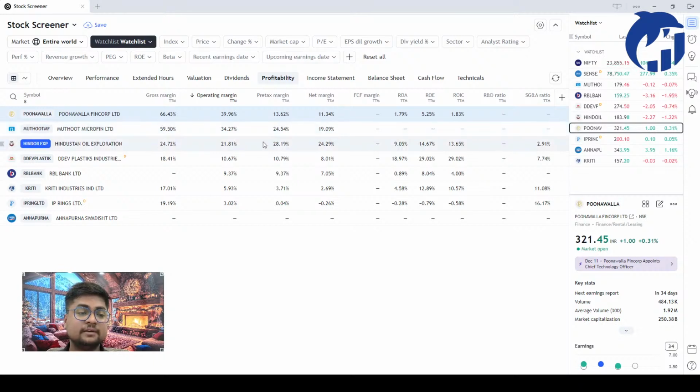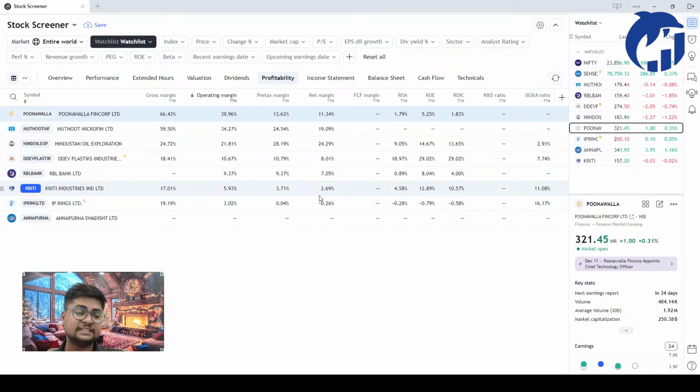Now talk about Hindustan Oil Exploration. The pre-tax margin and the net margin are really good for Hindustan Oil Exploration. If you look at DDB Plastic, the net margin is at 8.01%. And for IP Rings, just look at the net margin, it is negative 0.26%.